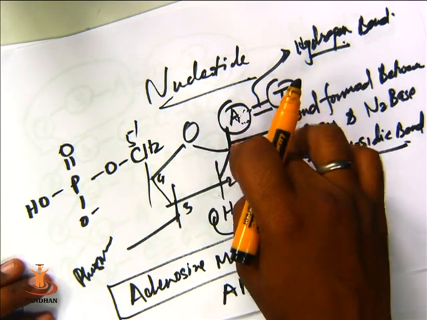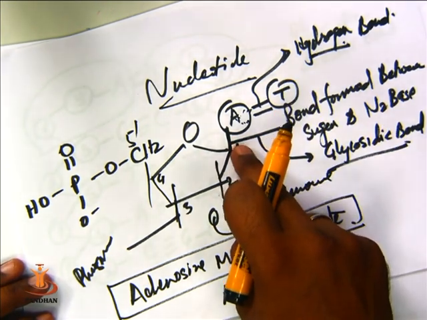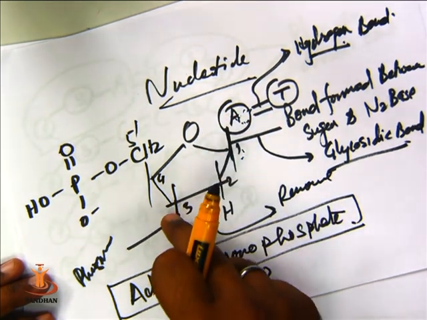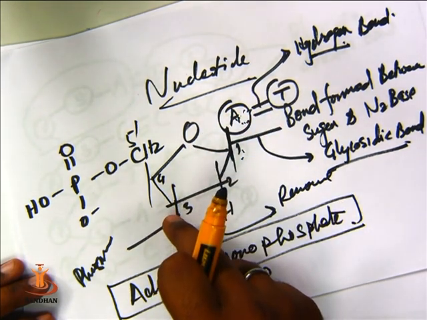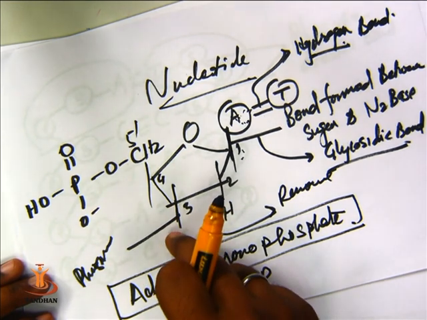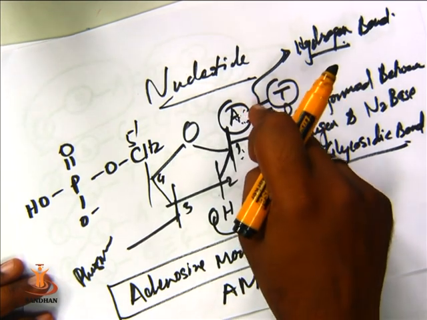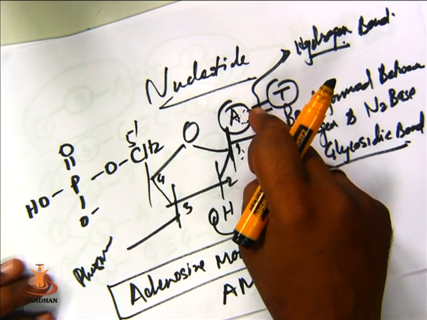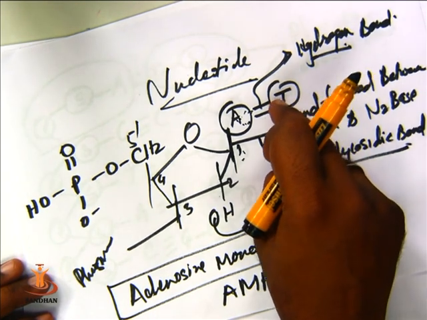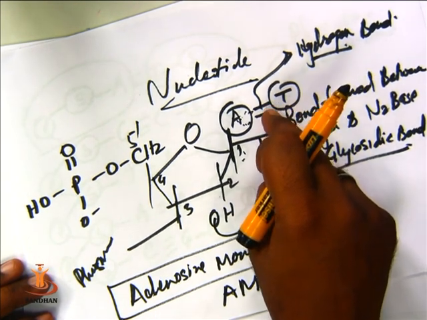At the first carbon, the bond formed is called the glycosidic bond, where the nitrogenous base binds with the sugar. At the third carbon, the phosphodiester bond is made, where another nucleotide comes to bind with the previous one. And here the third bond is opened with the nitrogenous base, where another nucleotide with its nitrogenous base comes to bind and make a weak hydrogen bond.